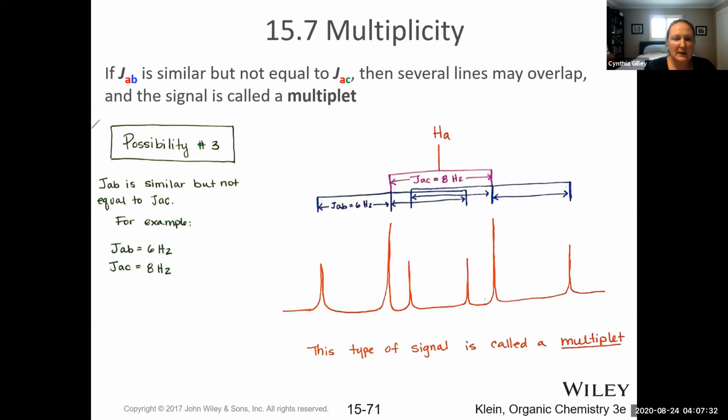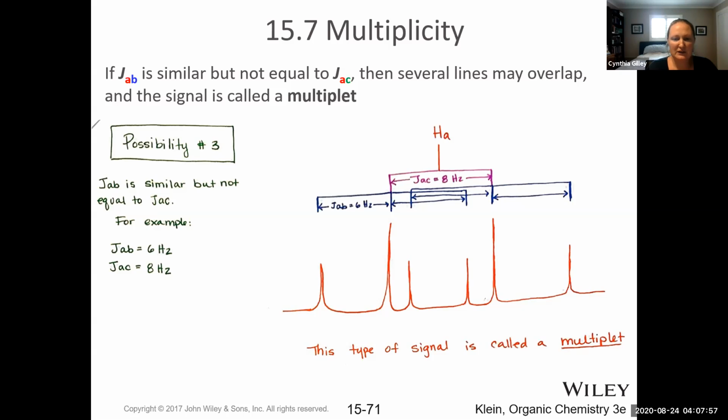What's possibility number 3? This is actually maybe the most complex one. What if the coupling constant between A and B is similar, but not exactly equal to the coupling constant between A and C? Then, unfortunately, the lines may overlap. And because it's not a simple pattern, oftentimes we just call it a generic multiplet.